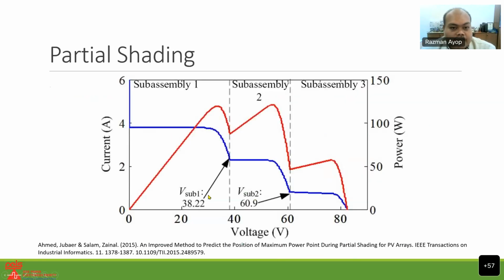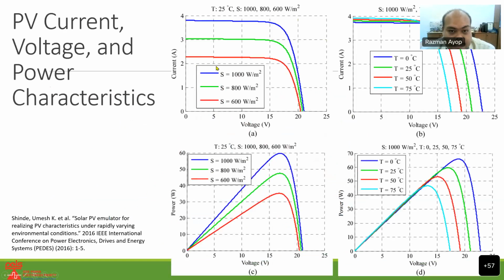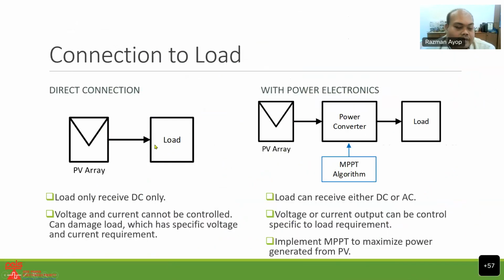You can see the voltage here is when the resistance is low. When you increase the resistance, the voltage becomes higher and higher, and suddenly after a certain point the current is reduced. That is what happens if you connect the load directly to the PV array. So basically voltage and current change drastically.